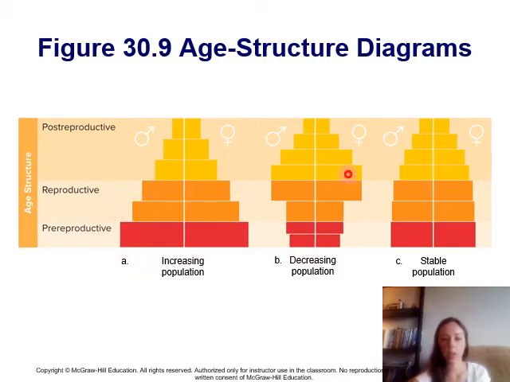A decreasing population will have more senior citizens, or more of the post-reproductive organisms. And then a stable population is going to have about an even amount of the pre-reproductive, post-reproductive, and reproductive organisms.